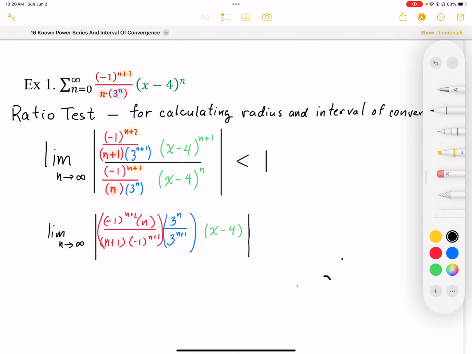That's all going to be less than 1. So canceling out a bunch of parts, I'm going to end up with the limit as n approaches infinity. And for the first portion, we're going to end up with n over n plus 1.